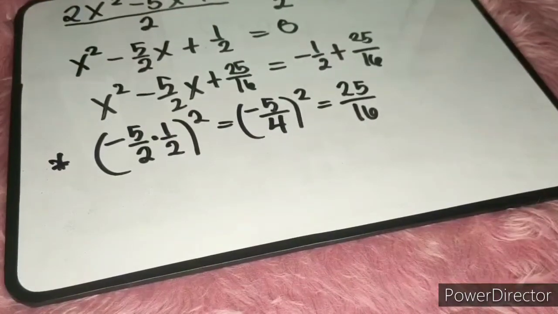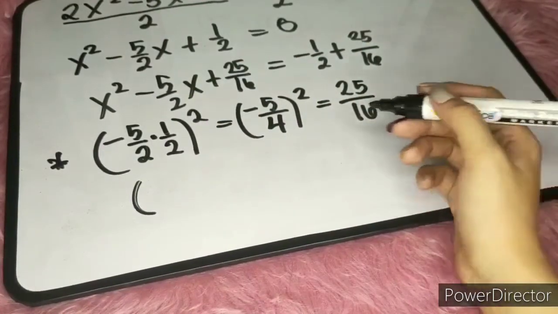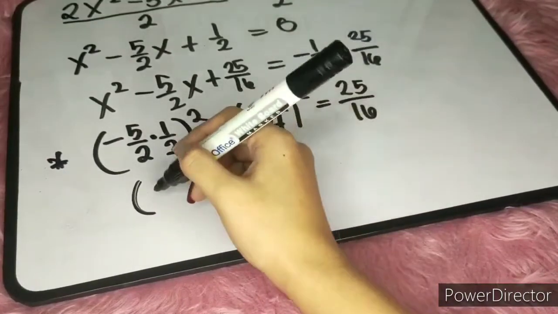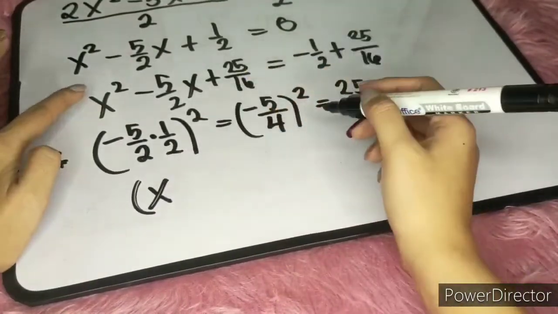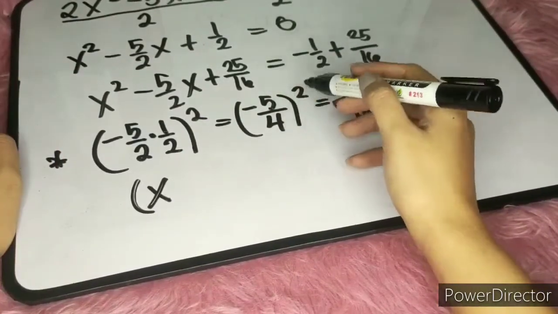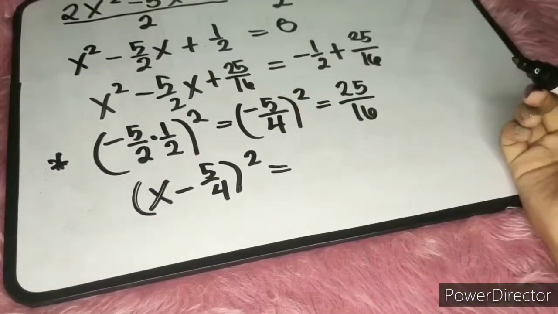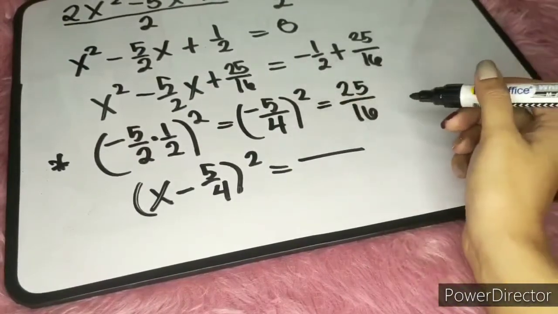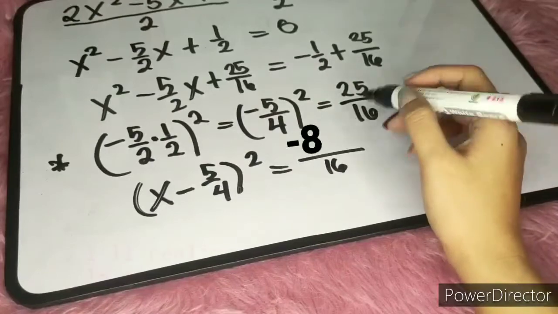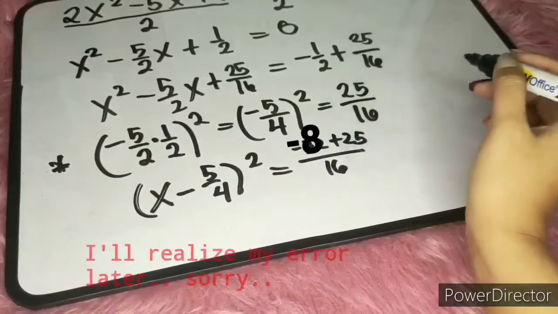So proceeding to the next step, we will be factoring the perfect square trinomial, which is this side. My technique here, when I am writing it as a square of a binomial, again I am getting the square root of the first term, and then I will just be writing the number before I square it, which is -5/4. Then I will put the square, then equals, let me compute our LCD. 16 times 2 is 32, so -32 plus 25.